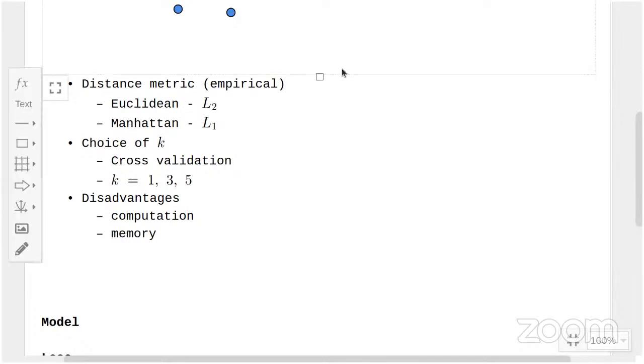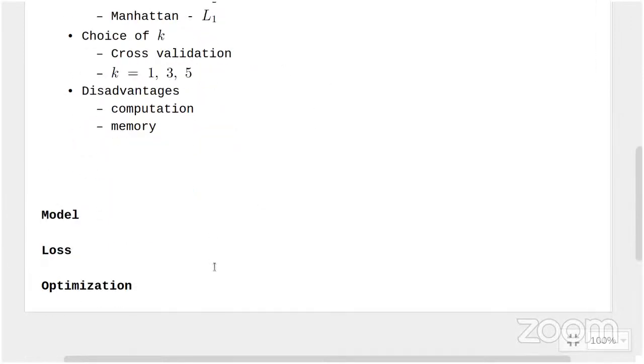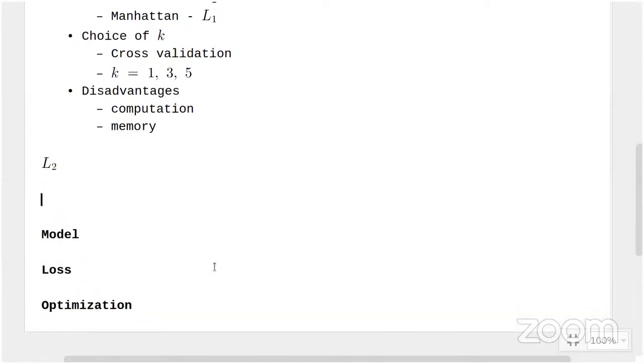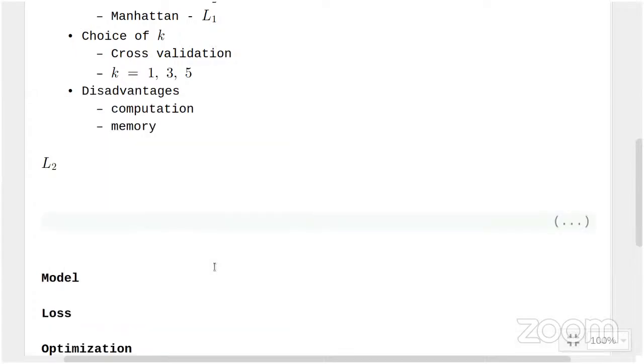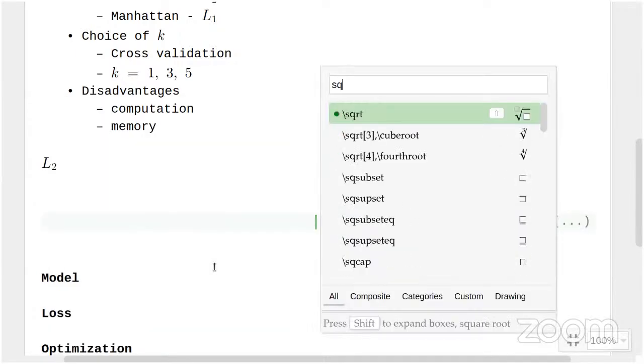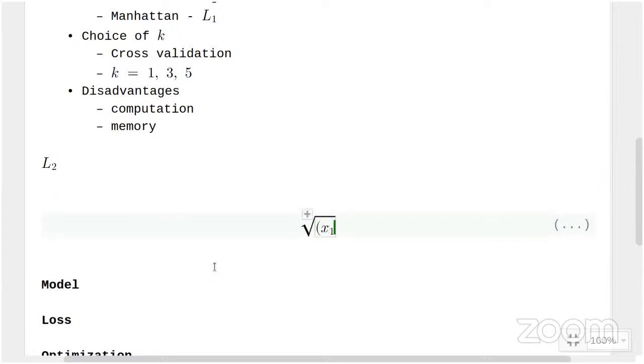Okay, see, this is Euclidean. If I take two features, I'm calling Euclidean on two vectors x and y. So this is the square root of (x1 minus y1) squared plus (x2 minus y2) squared.